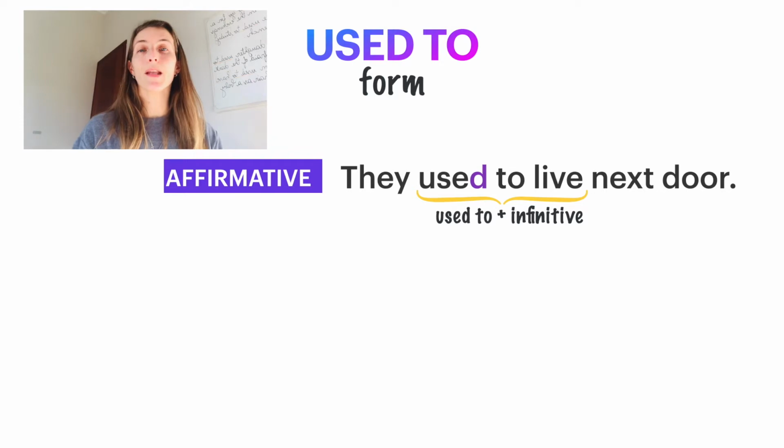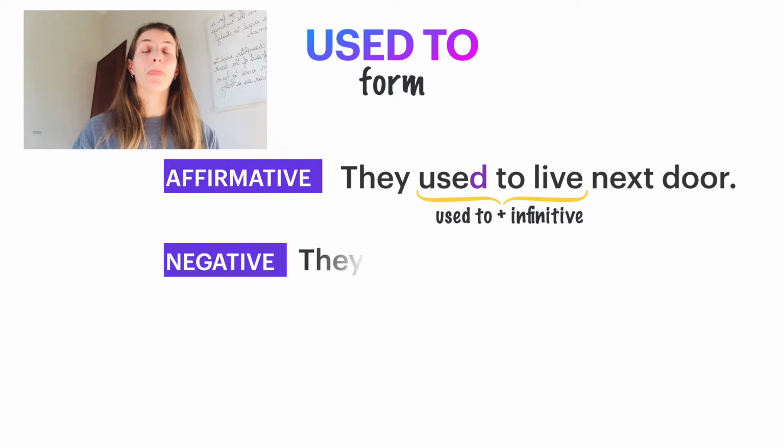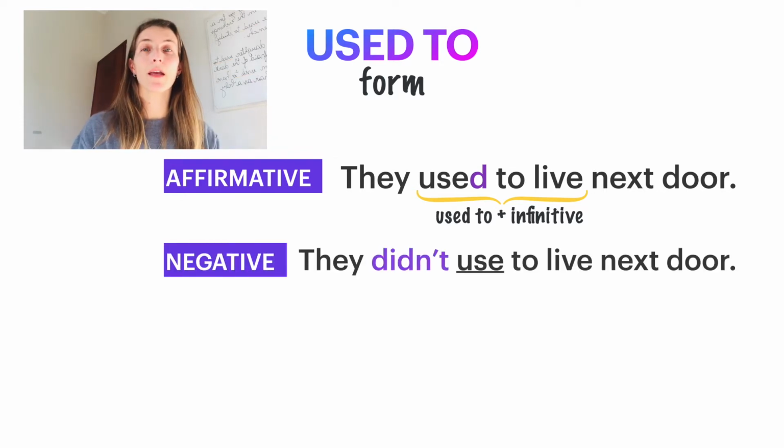Bien, ¿cómo hacemos la negación de esa oración? In the negative, I'm going to say, they didn't used to live next door. Attention here. What happens? Tengo el auxiliar del pasado para negar, didn't, y entonces el verbo use me va a quedar en infinitivo.